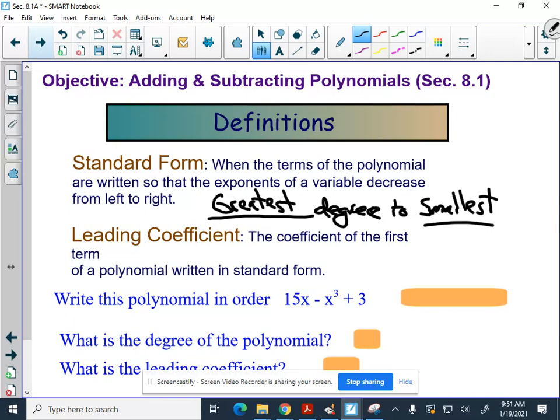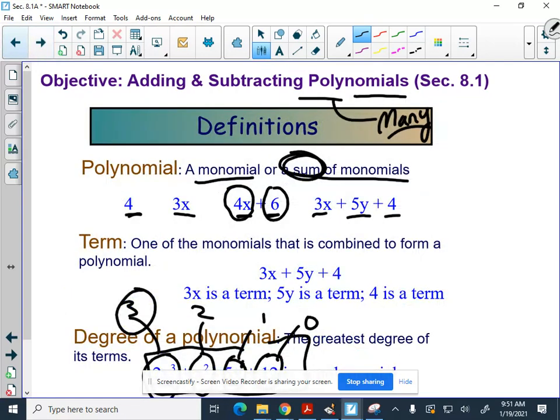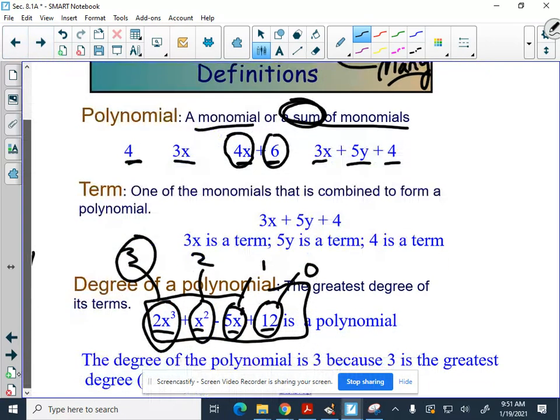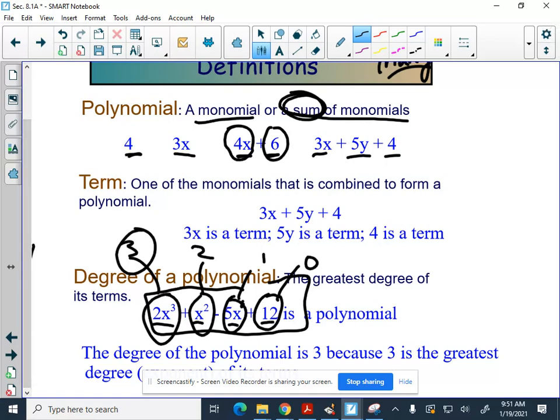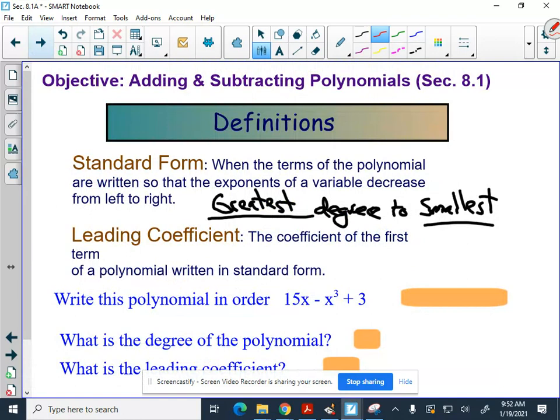When you put it in standard form, for instance, going back one page, this one's in standard form. This one is the one with the biggest power. What's the number in front there? Just say it. What is it? 2. That's called the leading coefficient.